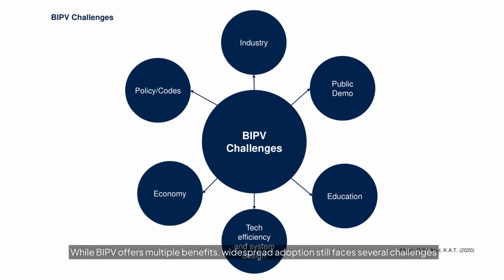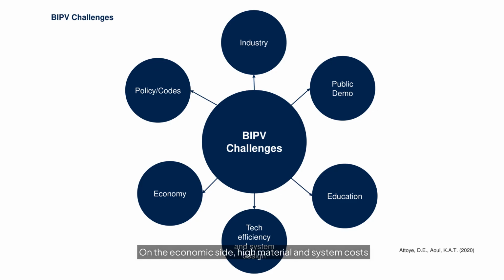While BIPV offers multiple benefits, widespread adoption still faces several challenges across economic, technical, regulatory, industry, and educational domains. On the economic side, high material and system costs, coupled with limited financing and bank support, make upfront investments difficult.